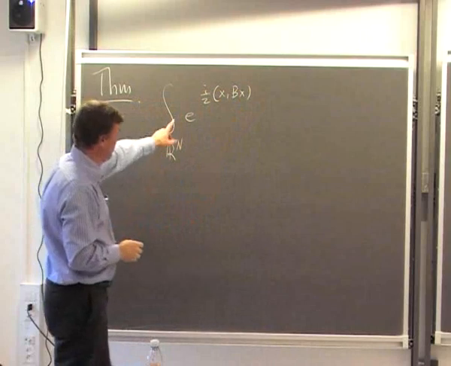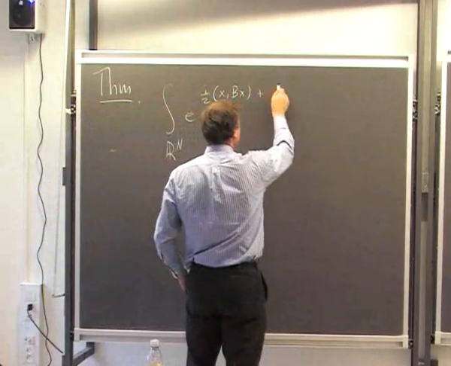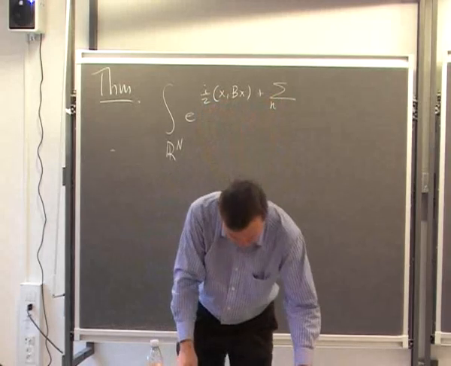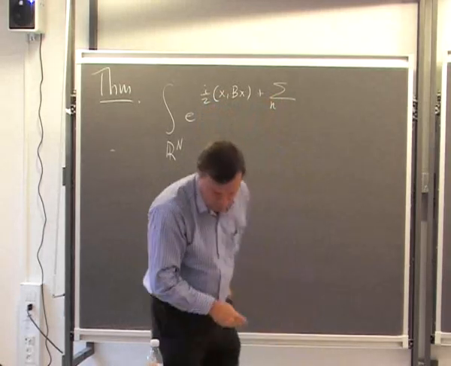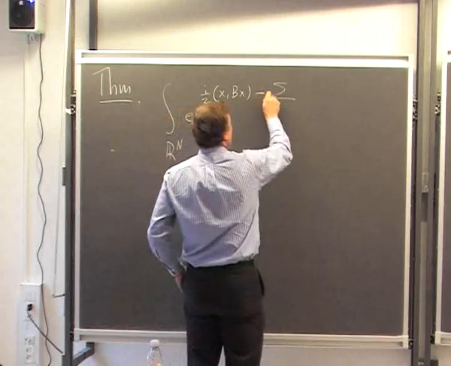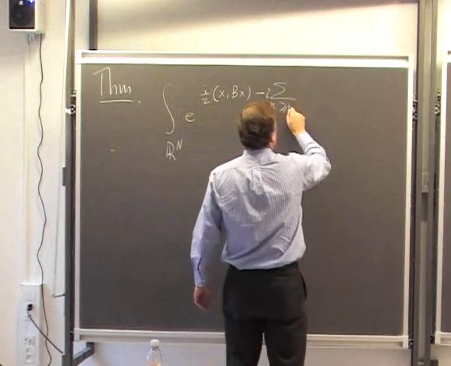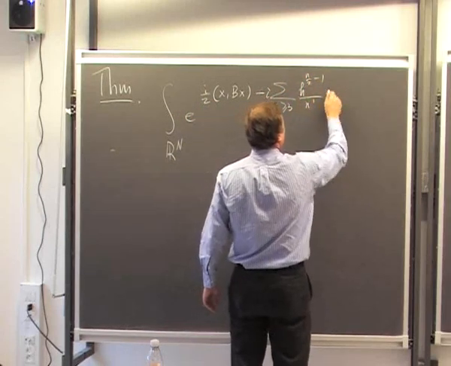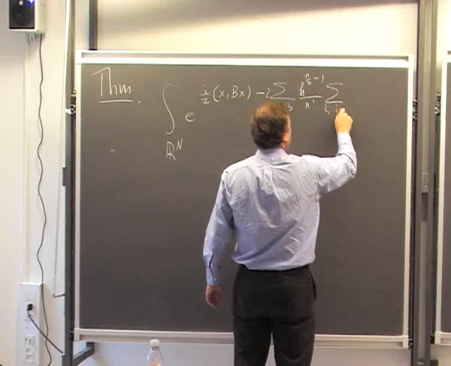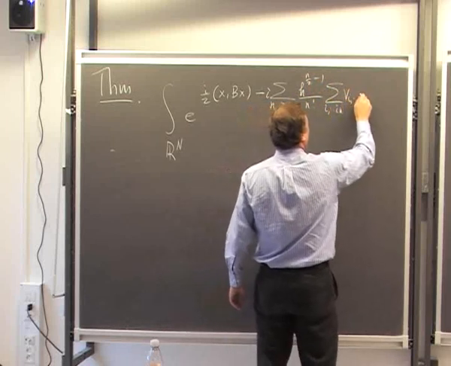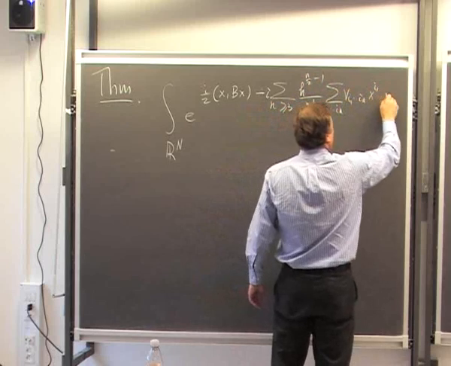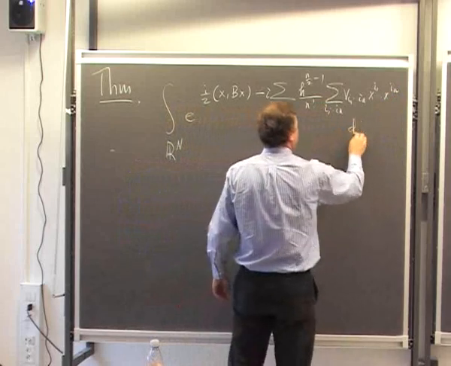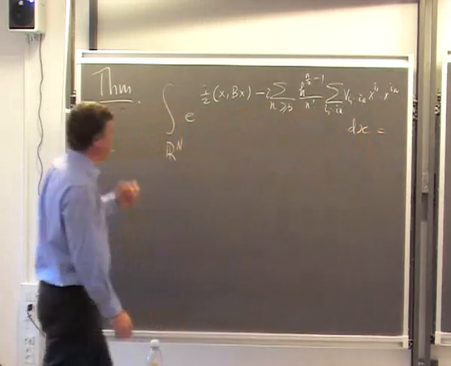and then the exponent is a quadratic term plus minus 1 over n factorial, and then sum over I1 ... In, b I1...In, x I1 ... x In, dx.